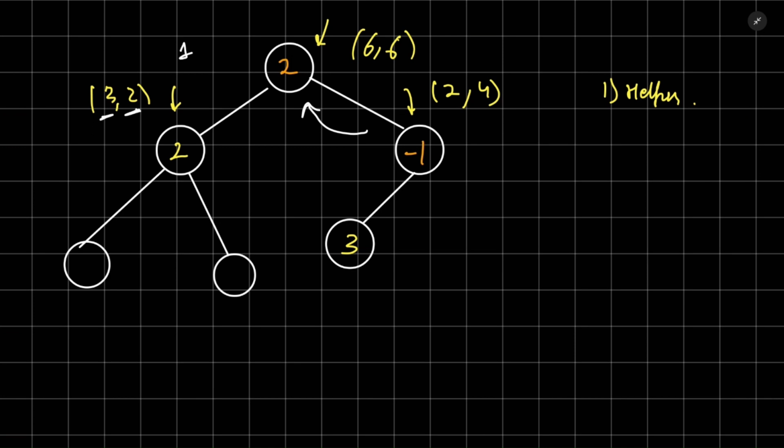And now we see the left child, it requires 1 coin. So this root node will update its value to 1 and increment this value to 3. And now this helper function would become 2, 2, because -1 and 3 will sum up and give us 2. And this 2 and 2 will become 3 and 3, because 1 is transferred from here.